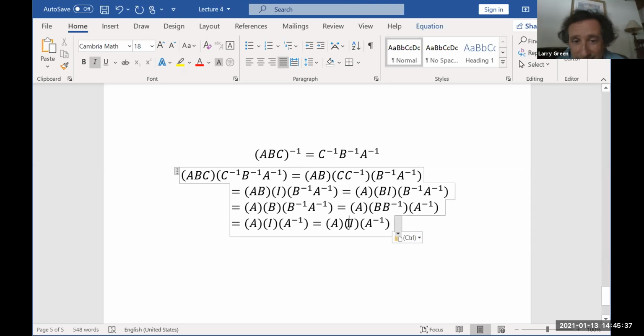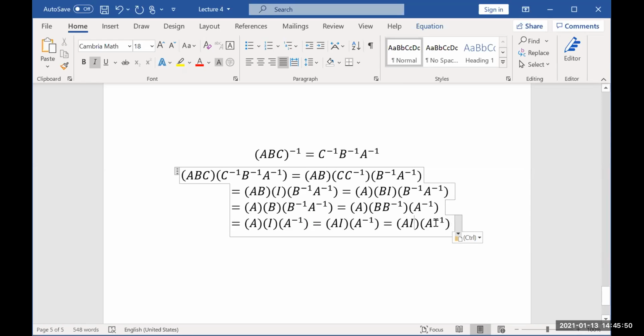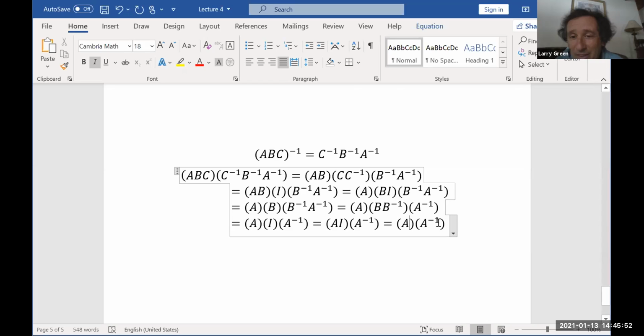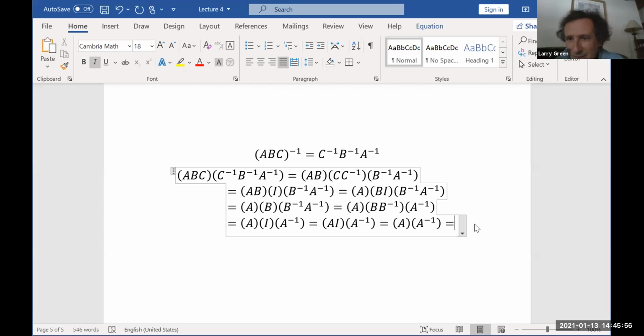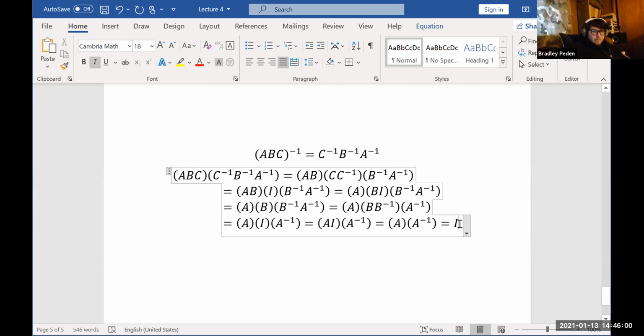Now I can move the parenthesis. And what's A times I? A. And now what's A times A inverse? I. And that's I. I'm halfway done.